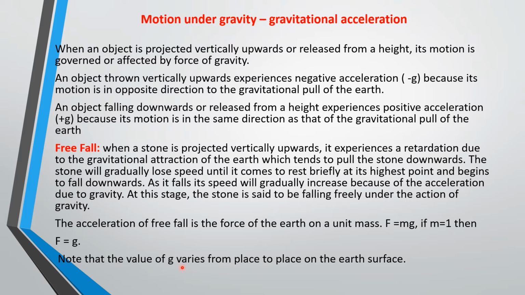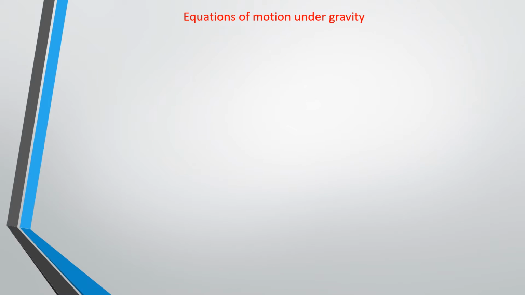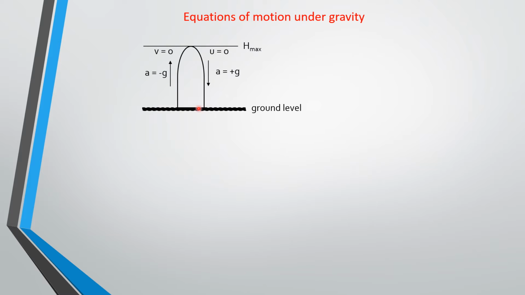Now I want to look at the equations of motion under gravity. This is an illustration of an object that is projected vertically upward, gets to the maximum height and begins to come down. As the body is going up, acceleration due to gravity is negative, and when it is coming down, acceleration is positive. At maximum height, the final velocity is equal to 0.